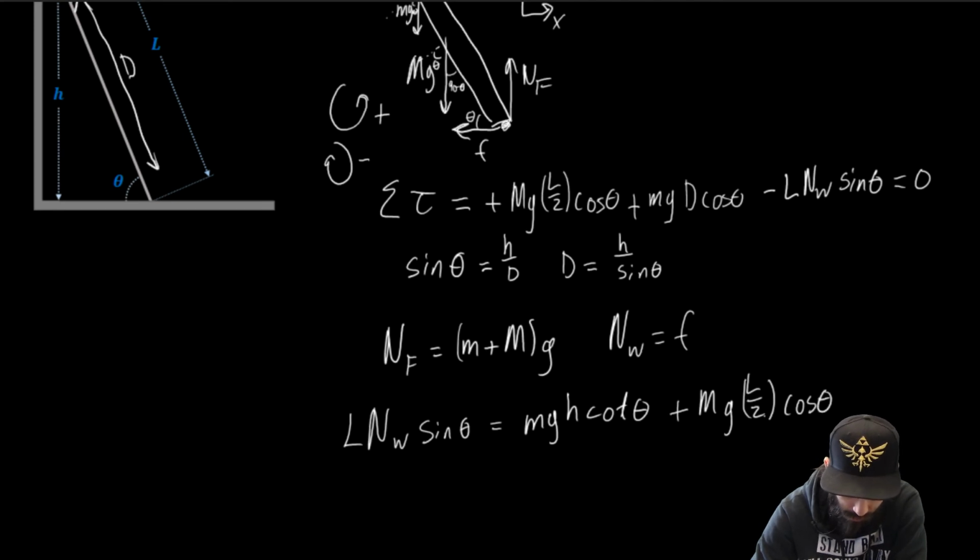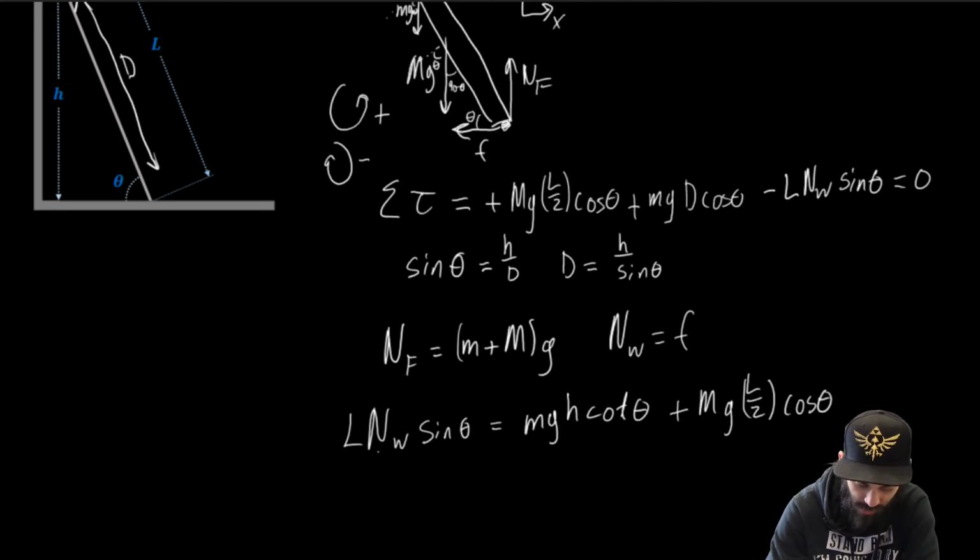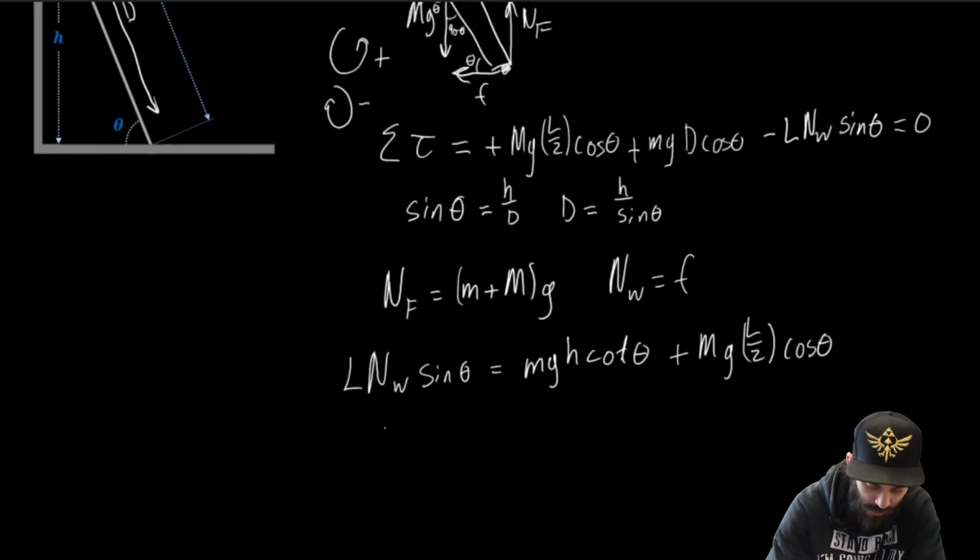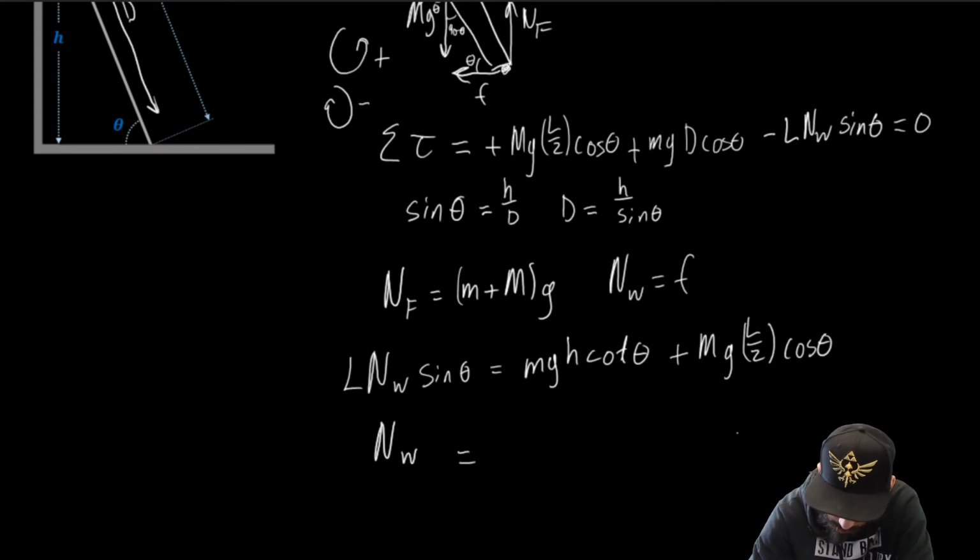So then we can divide both sides by L times sine of theta to find n sub w. I'm going to do a little bit of rearranging here. I'm going to have a g times cotangent of theta common to both of these.